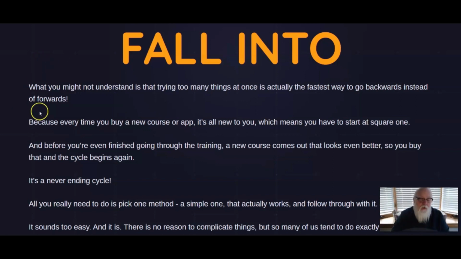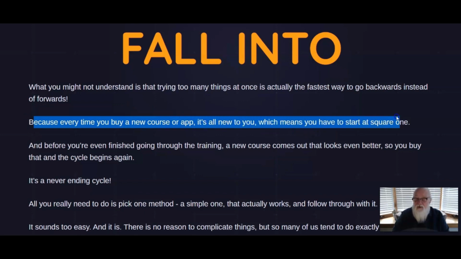But I wanted to point this out because every time you buy a new course or app, it's all new to you, which means you have to start at square one. I tell you, that blew me away when I really realized the implication of that. Every time you buy a shiny object, you're restarting your success clock. You've got to pick one thing and stick with it. And this is actually a real good strategy to do that with.